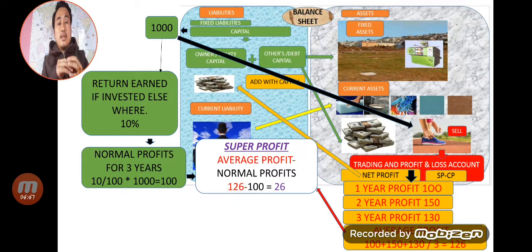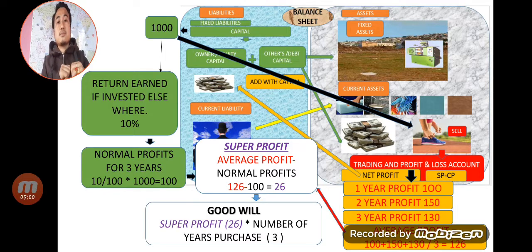So the investor will think, okay, the profit of 126, for how many years is it going to continue? That is known as the number of years of purchase, which I've already discussed. Say for example, the investors assume that this business is going to maintain the profit of 126 for 3 years.